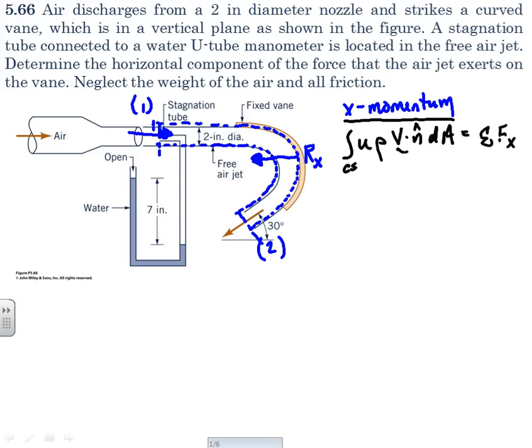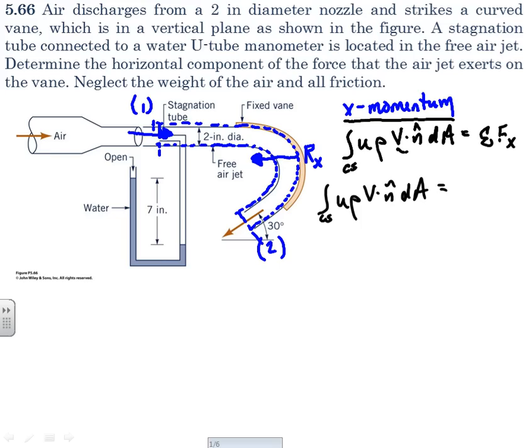And we can rewrite that with our forces. The only force in this problem is that horizontal reaction force. We're told to neglect weight and friction, and we also know that the exit of our free jet is 0 gauge pressure, and at position 2 it's also open to the atmosphere, so it will also be 0 gauge pressure.